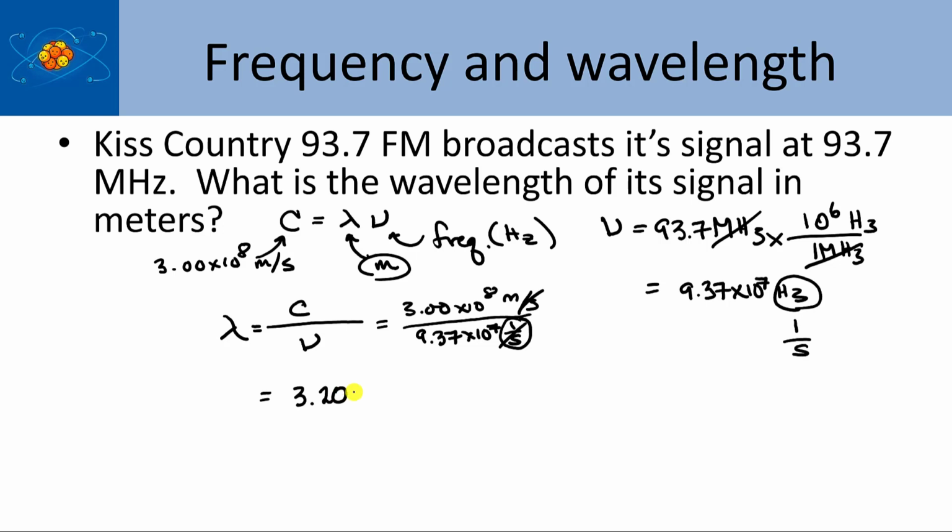It's actually 3.2017, I think, but 3.20 meters. So that's like 3 yards, 10 feet, to put it in sort of American terms. It's not that long, right? That's the wavelength. Now you don't see it, again, because it's an oscillation in the electromagnetic field that's outside of the visible range, right?